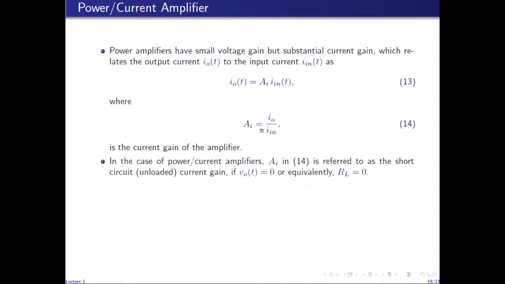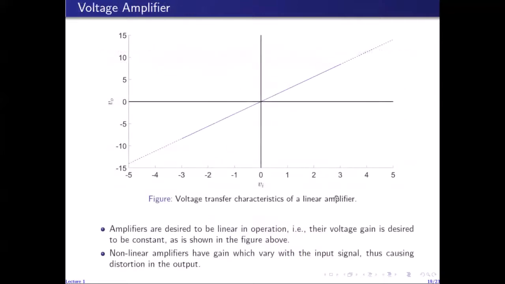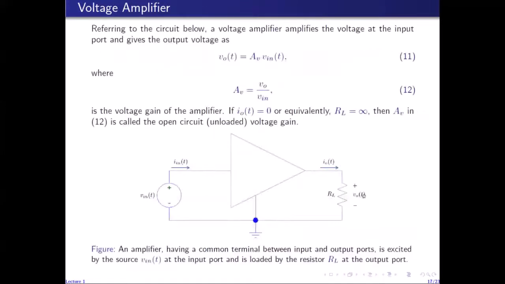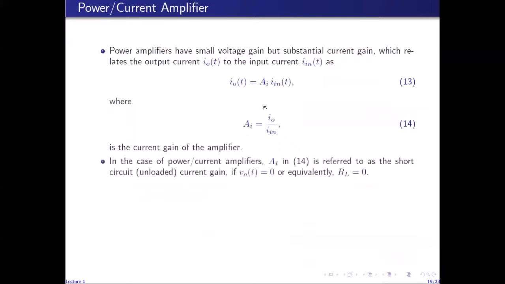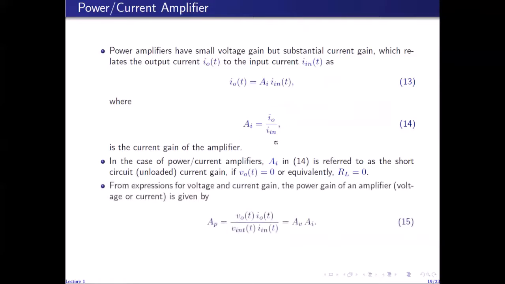Again, referring to the same circuit, if the output voltage is zero, or equivalently there is a short circuit at the output, then this current gain is called the short circuit or unloaded current gain, which again will be shown later on to be different from the loaded current gain.